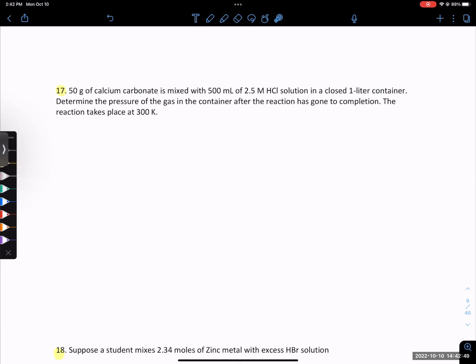Okay, first, what do we know about when an acid reacts with a carbonate or a bicarbonate? So let's write our reactants. We said HCl is one of them, which reacts with CaCO3, calcium carbonate, each one has a +2 and a -2 charge.